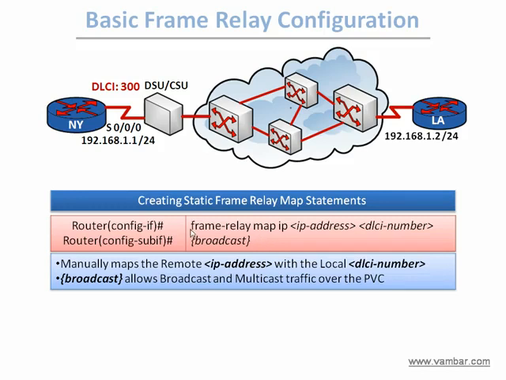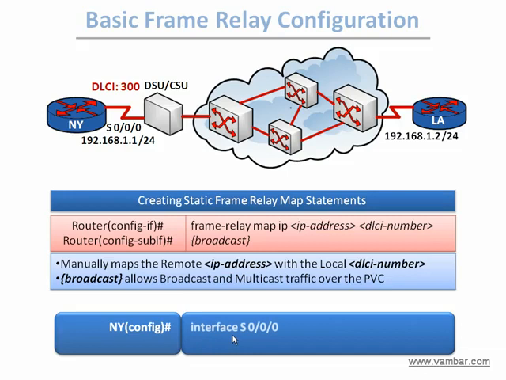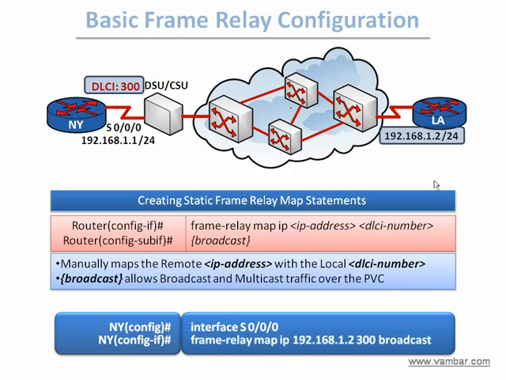Let's see how we can configure a static entry on the 0/0/0 of the New York router. All we have to do is first go into the interface with the command interface serial 0/0/0 in global configuration mode, and then type frame-relay map ip remote-IP-address, then the local DLCI, which is 300, and then the keyword broadcast.